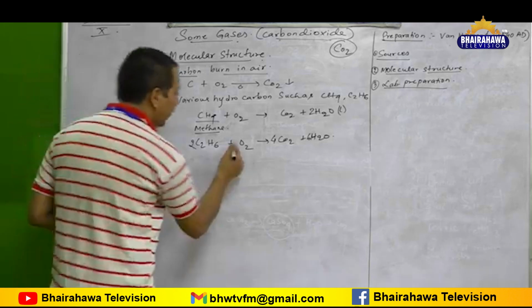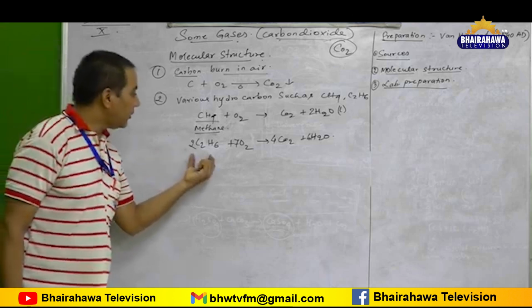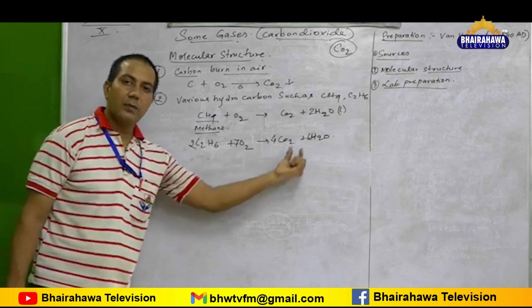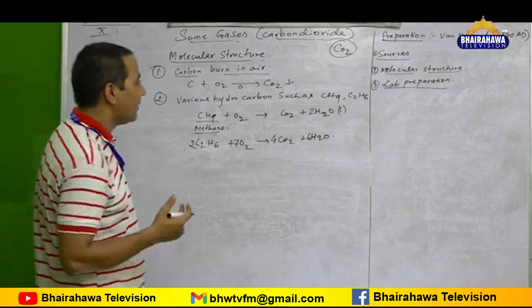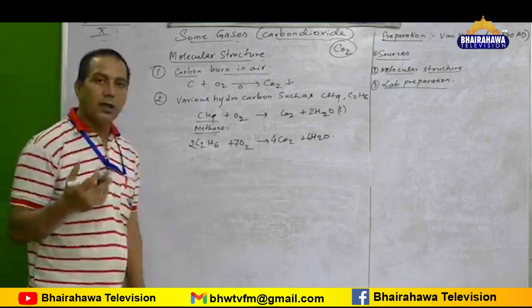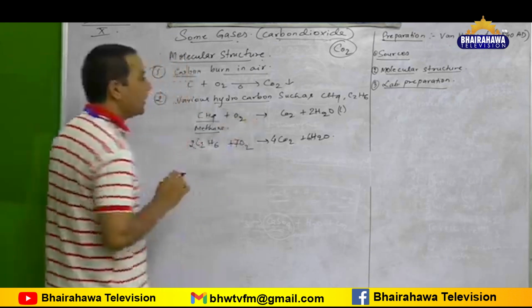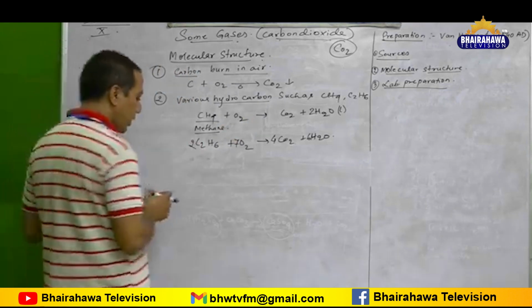In this way, when ethene reacts with oxygen, it will form carbon dioxide and water. So, another way to prepare carbon dioxide is hydrocarbons reacting with or burning in oxygen.